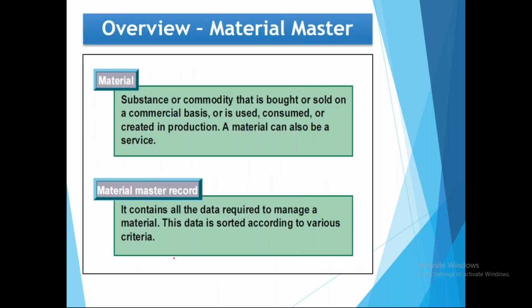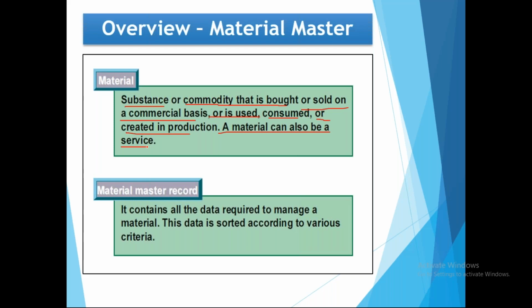So what is a material? Material is a substance or commodity that is bought or sold on a commercial basis or is used, consumed, or created in production. A material can also be a service. So a material can be anything. It can be a raw material, a packing material, a semi-finished product, or a finished product.